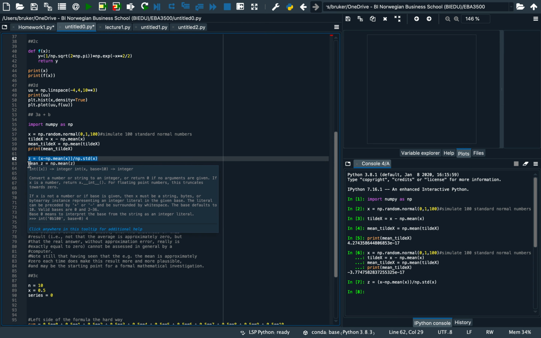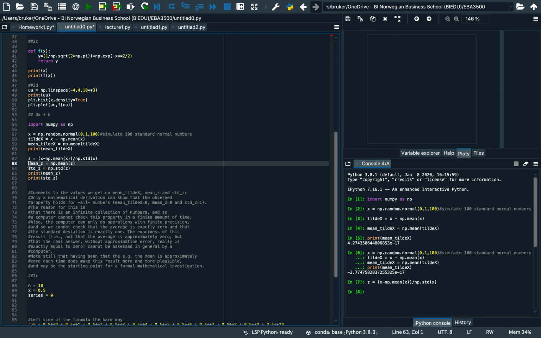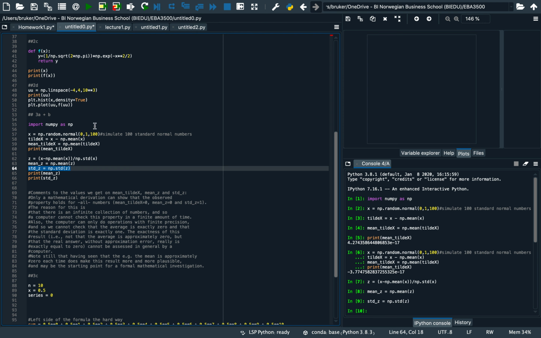And then I can take the mean of these standardized variables, and I can find the standard deviation of these standardized values here, and then we can print it.